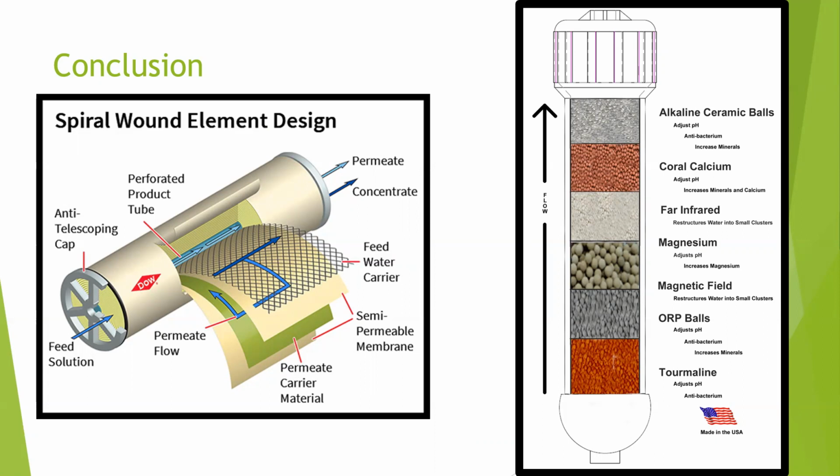Then the permeate carrier material and the semi-permeable membrane are placed layer-wise over each other. That is, the permeate carrier material is sandwiched between two layers of semi-permeable membrane, and a larger size mesh is used to maintain the feed water flow.